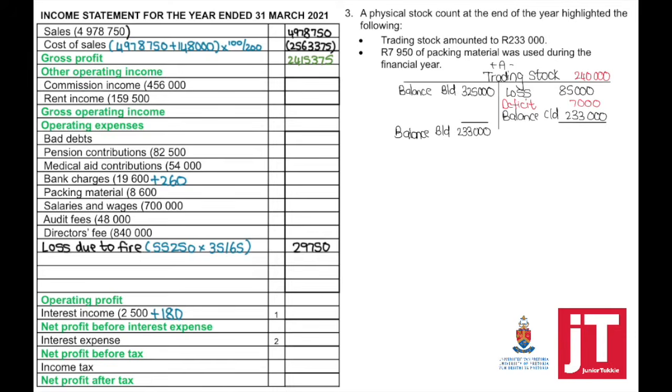So looking at what happened with our trading stock, we've got the balance from the pre-adjustment trial balance minus the loss due to the fire minus the balance of the stock that we physically counted equals a deficit of 7,000. If I take the balance from the pre-adjustment minus the loss, 85,000, my trading stock balance according to my T account should be 240,000.